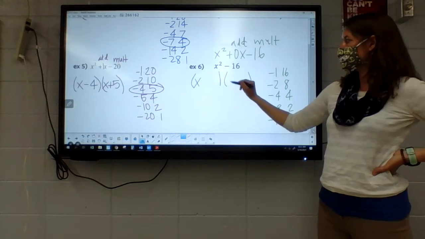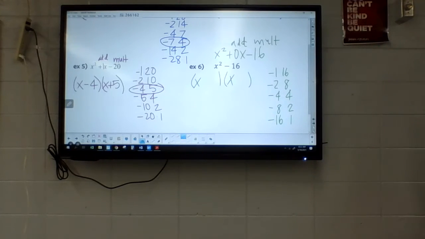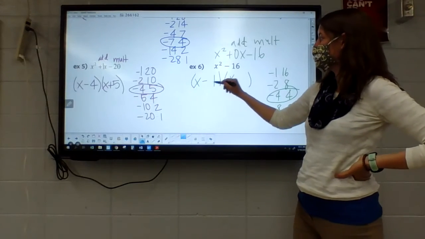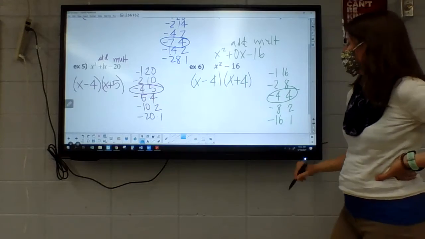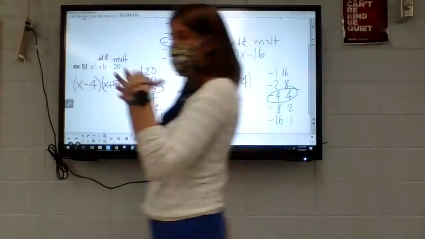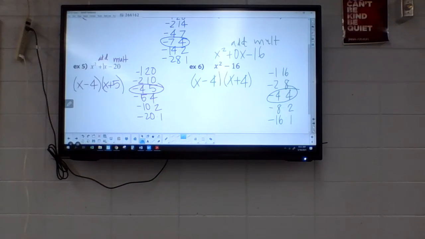So this would be x times x. Which one adds to give me 0? The negative and positive 4, they would cancel out. So there we would get our equals 0. That's one of those ones with the middle term, the two terms cancel out.